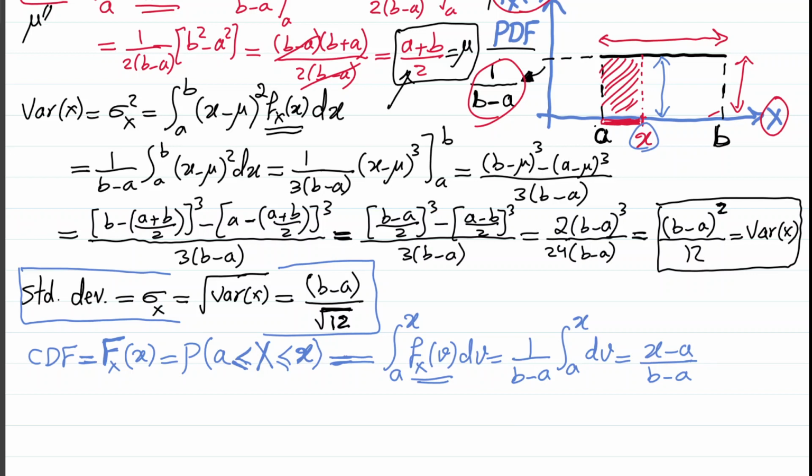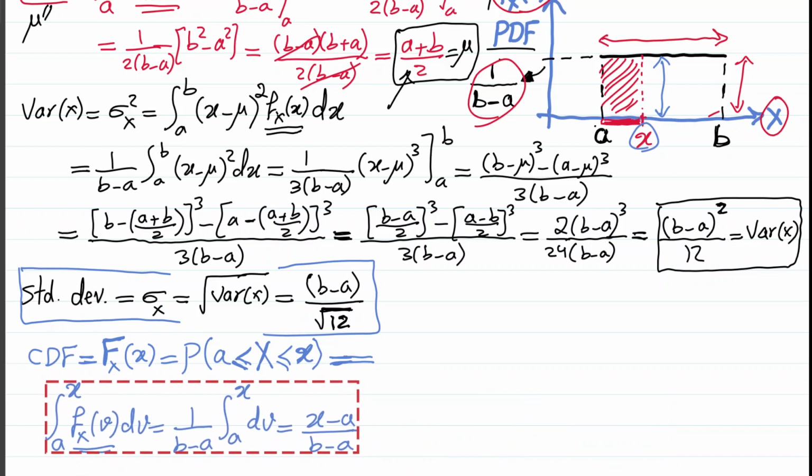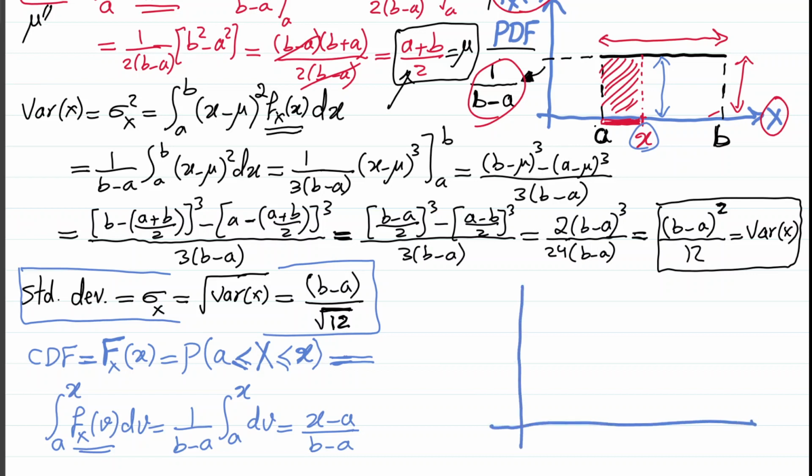So effectively, if I move this portion to here, I can graphically show you what I mean. So the CDF looks like this. This is again x, and of course, as before, you only start from the minimum allowed, which is a, and you can go up to b, nothing more.